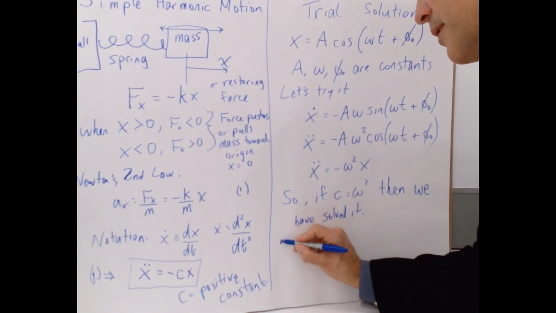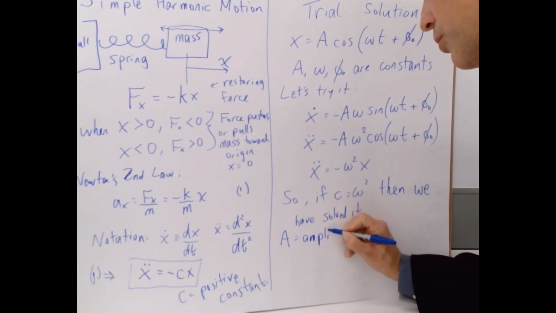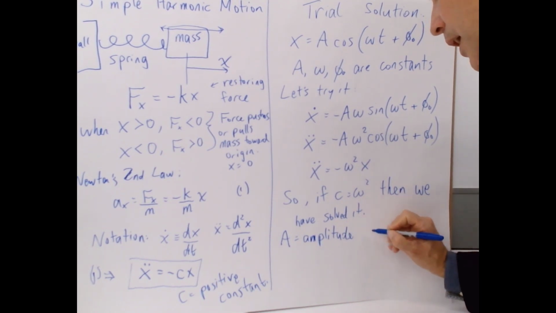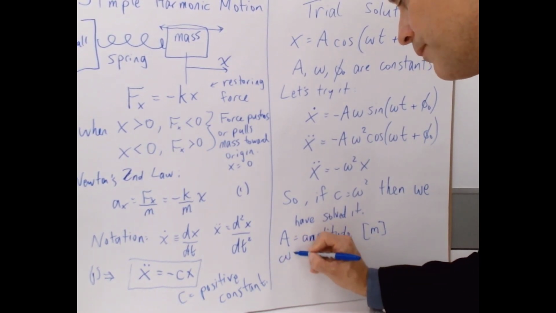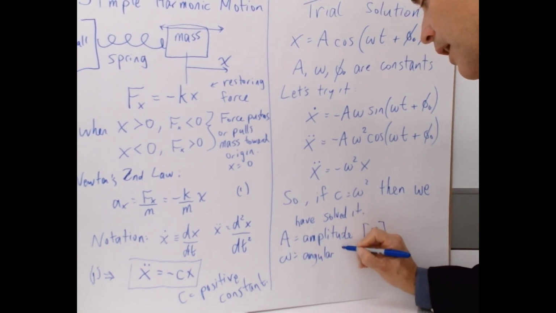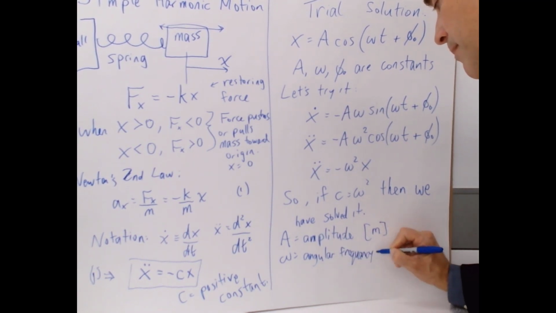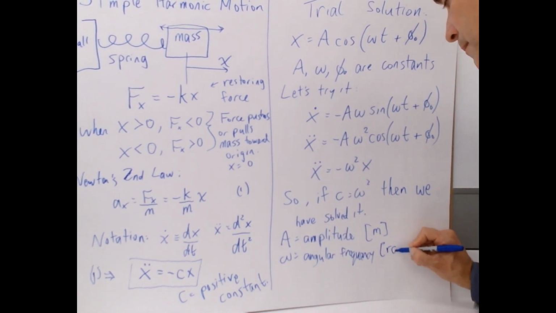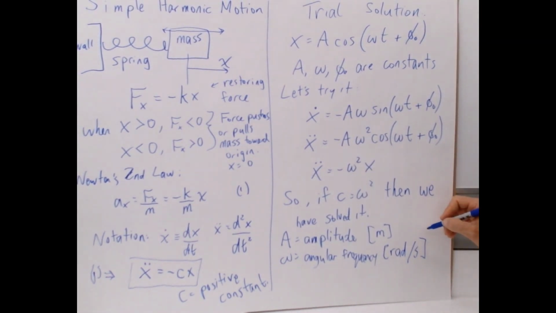And the names for these things are: A is called the amplitude of the motion, and the SI units for amplitude are meters. Omega is what's called the angular frequency. It's not the frequency in hertz. This is the angular frequency, which is the same thing, but it's measured in radians per second, where 2 pi radians means 1 full complete cycle.